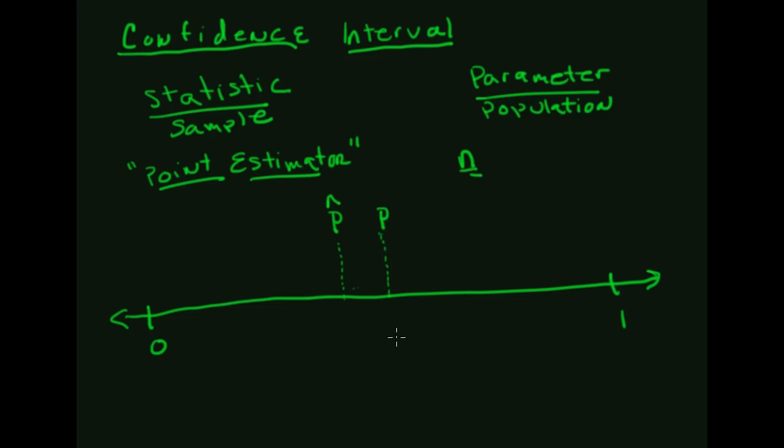Now, we're going to create an interval around the point estimate. It's going to be an equal length to the left and to the right. This thing is going to be in the center, and you're going to go to the left and to the right, and create an interval.